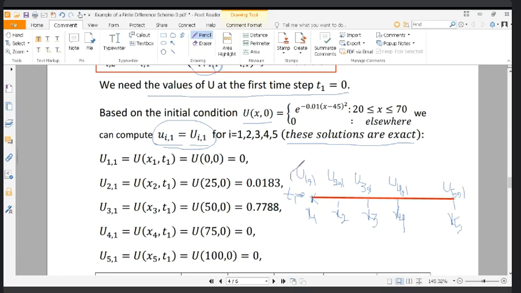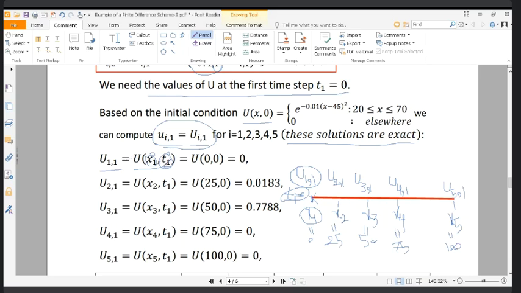For example, we are going to compute u(1, 1), which is u of x1 and t1. Here x1 is 0 and t1 is also 0. We have x1 = 0, x2 = 25, x3 = 50, x4 = 75, and x5 = 100.